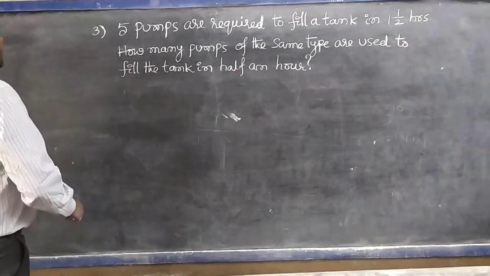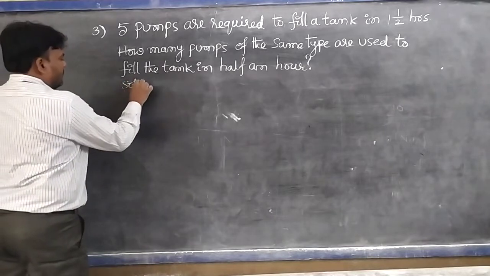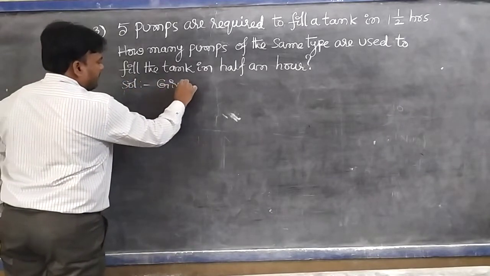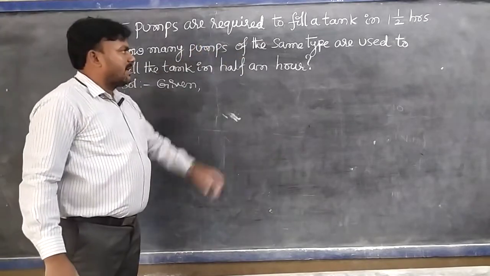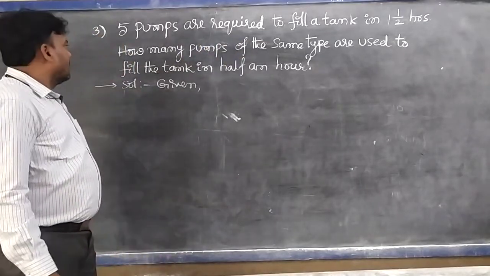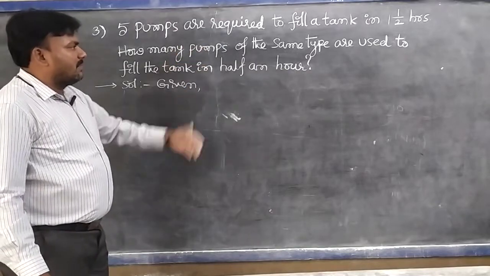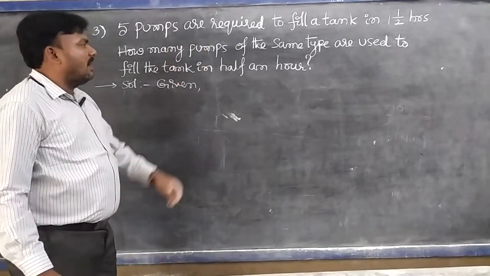While approaching a solution, first analyze the problem carefully, whatever it may be. Observe: 5 pumps are required to fill a tank in 1 1/2 hours. How many pumps of the same type are needed to fill the tank in half an hour?